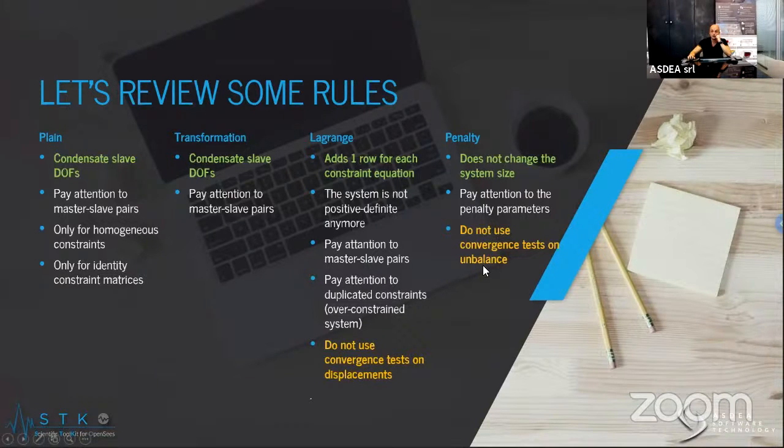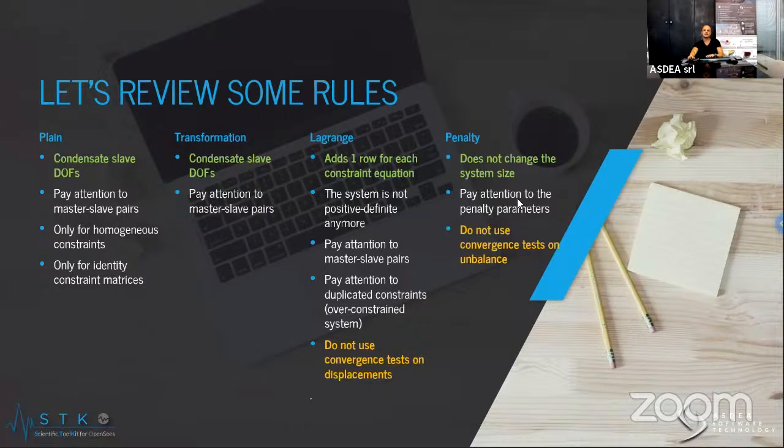Similar to the Lagrange multiplier, you cannot use all the convergence tests, but it's the opposite of the Lagrange multiplier. In this case, you cannot use the test on the unbalance. You have to use the test on displacements because the penalty is actually like adding very stiff springs. So if you check the unbalance, it will have the constraint forces that will never go to zero, okay? So if you try to check for convergence on the norm of the unbalance, you will never reach convergence.